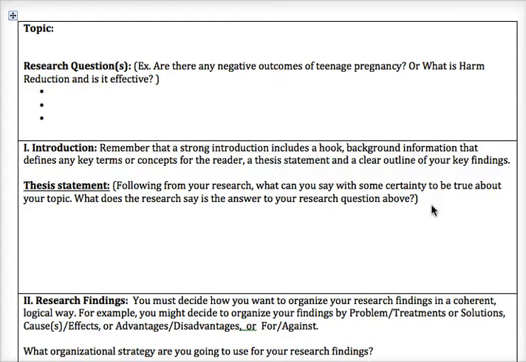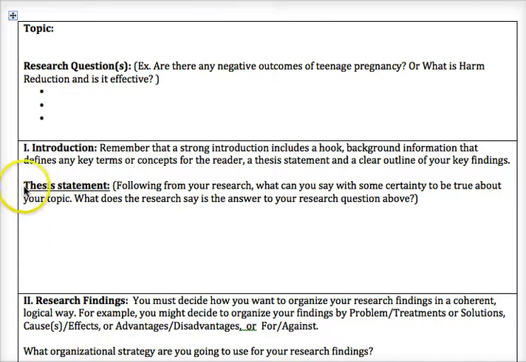If I read your introduction and have sort of no clear idea of what the rest of this paper is going to be organized as or what you're going to talk about, then you're not doing a very clear job of outlining your key findings in your intro.